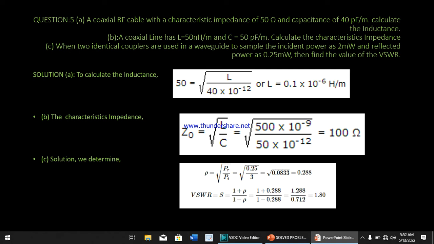Now we can calculate the VSWR, which gives 1 plus rho all over 1 minus rho. And we have our rho to be 0.288. That means 1 plus 0.288 all over 1 minus 0.288, which gives us 1.80. Therefore, the value of the VSWR is 1.80.